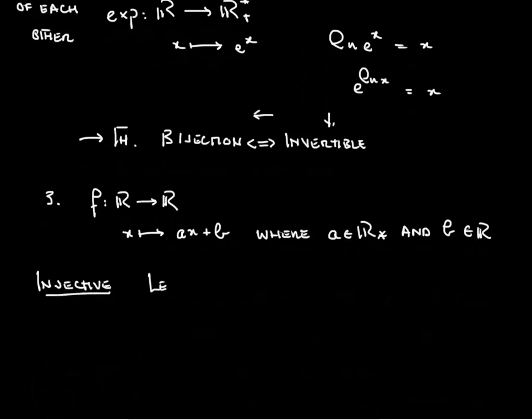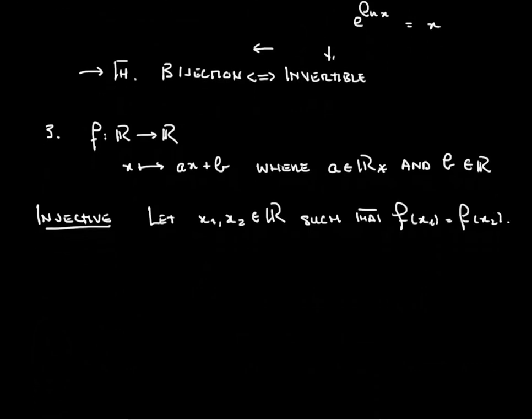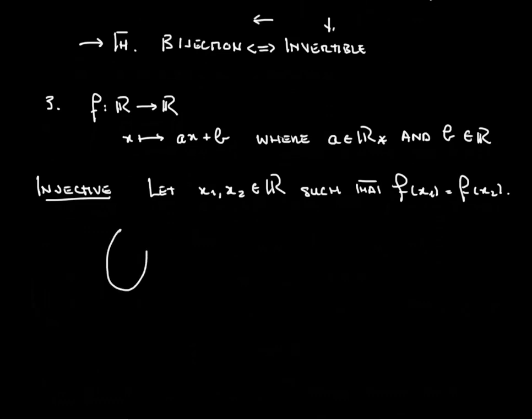And for that, we're going to need two real numbers in the domain, x1 and x2, which are real numbers, such that they are mapped to the same element. So f of x1 is equal to f of x2. Now, I just want to give you a visual idea of what we're going for here. We're starting with an arbitrary element in the codomain, which has at least one pre-image.